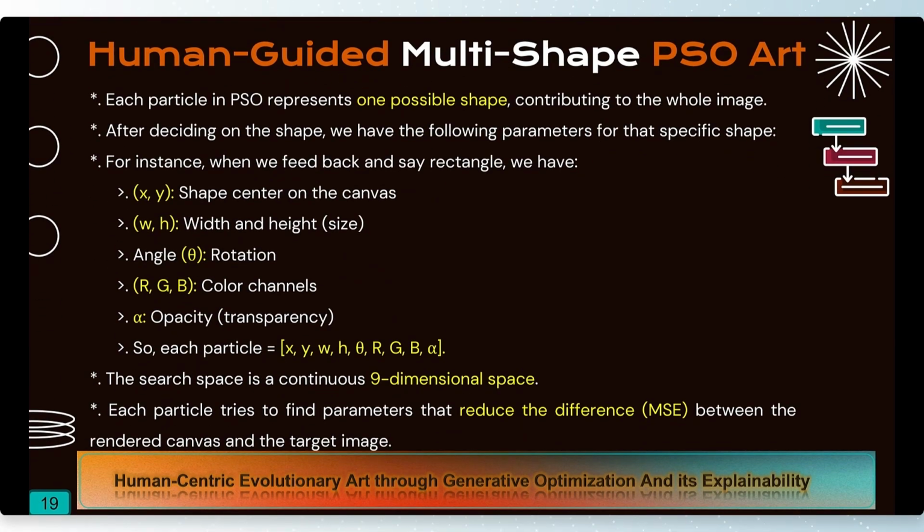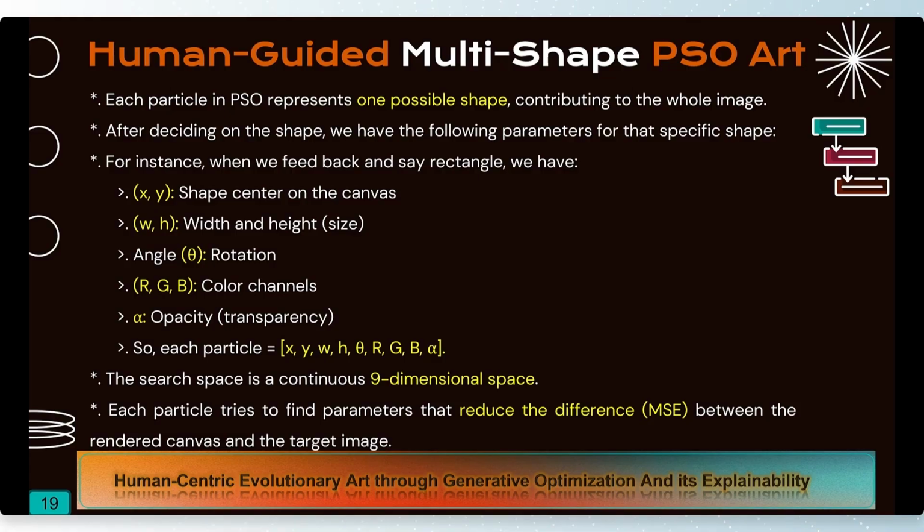So in PSO, each particle represents one possible shape, contributing to the whole image. After deciding on the shape, we have the following parameters for the specific shape. For instance, for a rectangle, we have x and y, the shape center on the canvas, and then w and h, which are width and height. We have the rotation theta.